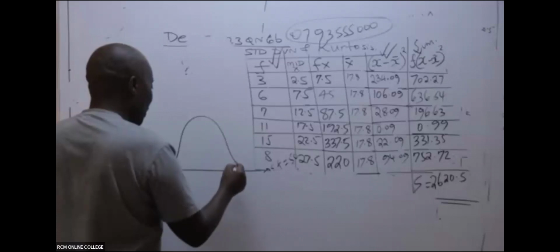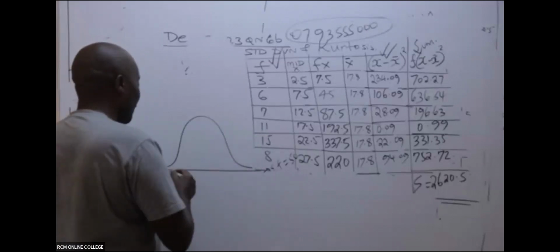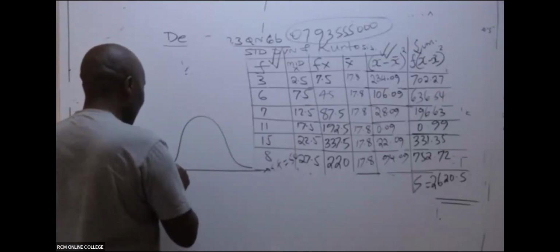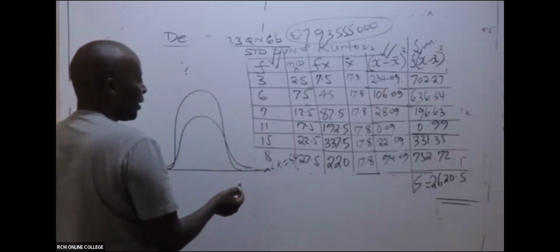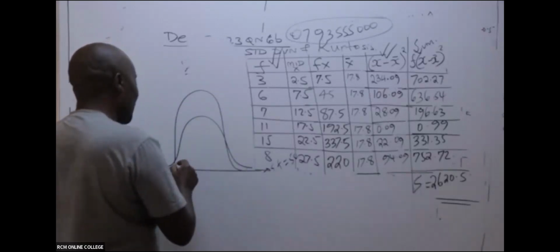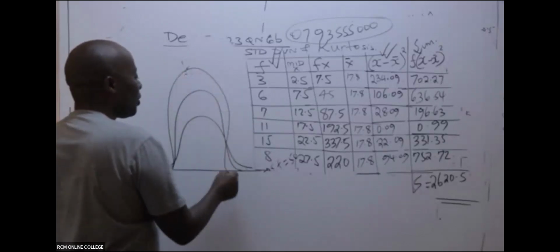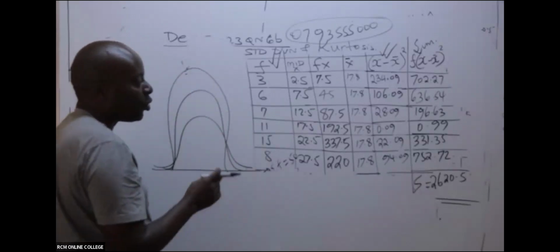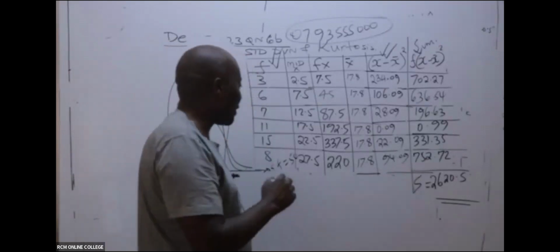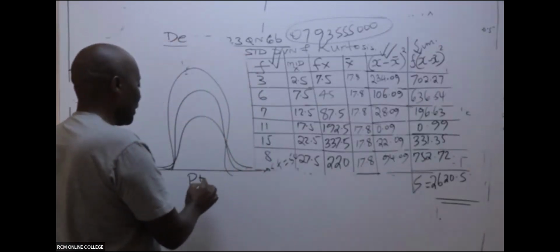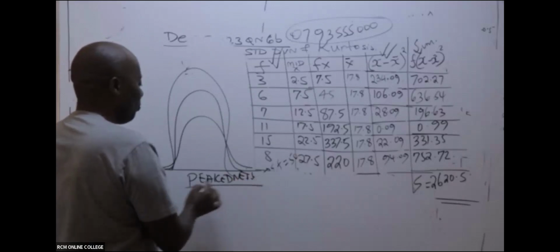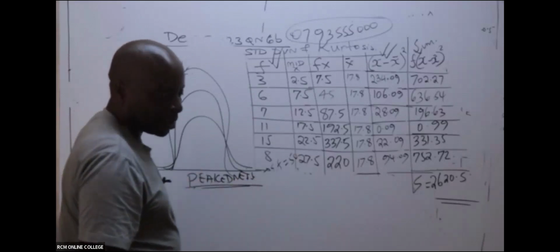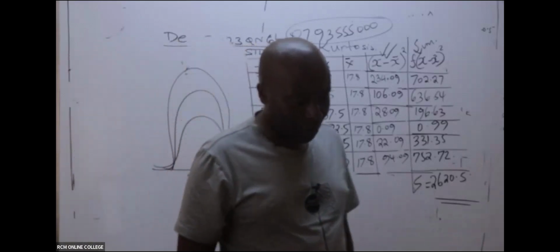We have what we call a normal distribution, and then one that is mesokurtic, and then one that is so tall. That's what we call kurtosis: a measure of peakedness.